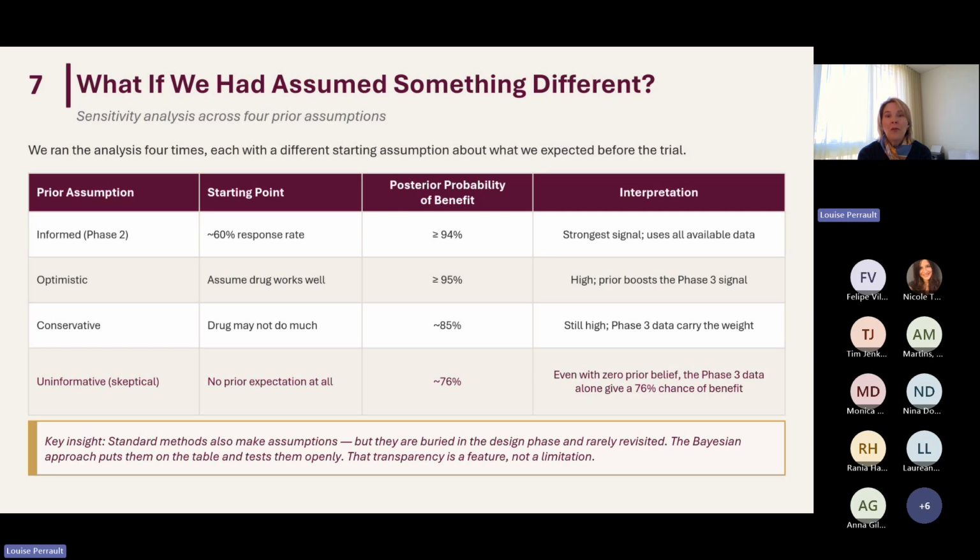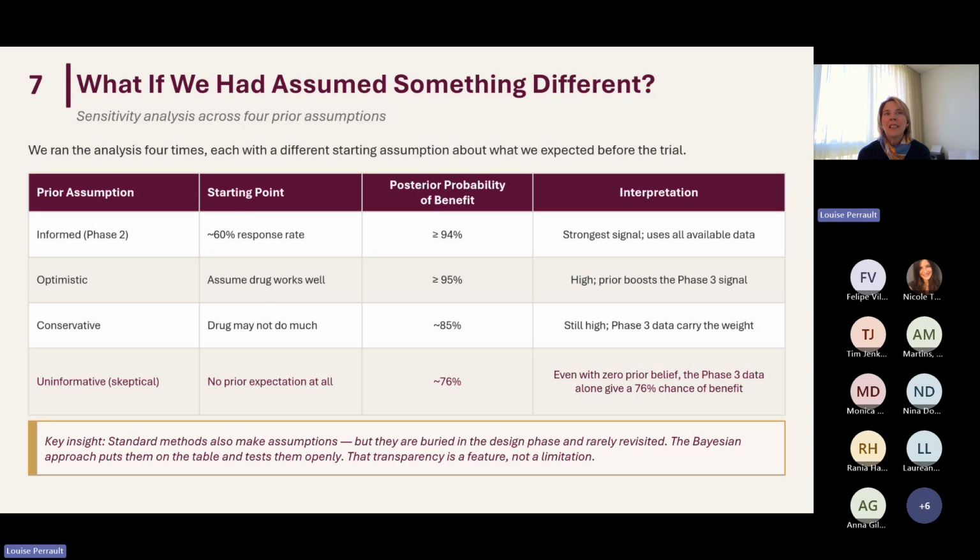The standard approach also makes assumptions. Don't be fooled by the frequentist approach. It also includes assumptions about how big the effect is expected to be, the dropout rate, baseline event rate, what counts as a meaningful result.